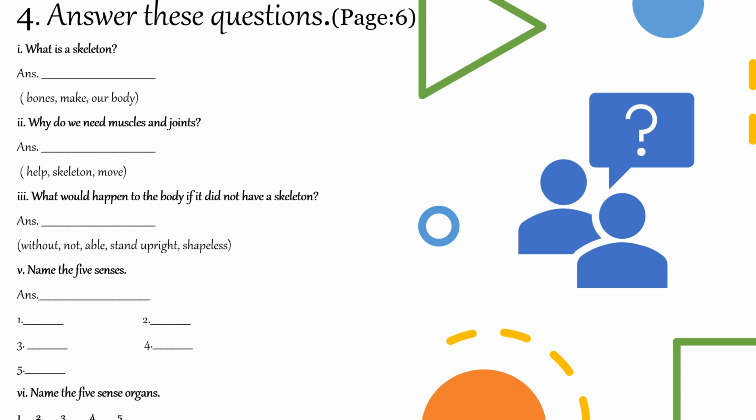You are very well familiar with the 5 senses, so write them one by giving numbers. Question number 6 is, name the 5 sense organs. In this question, you have to write the organs for the 5 senses.